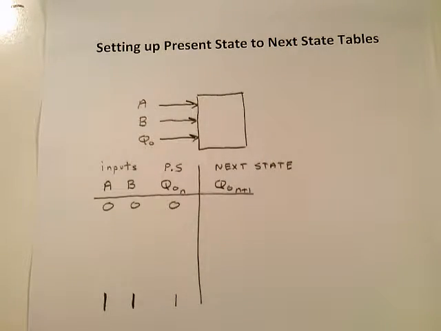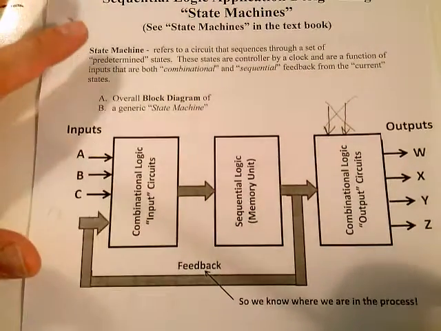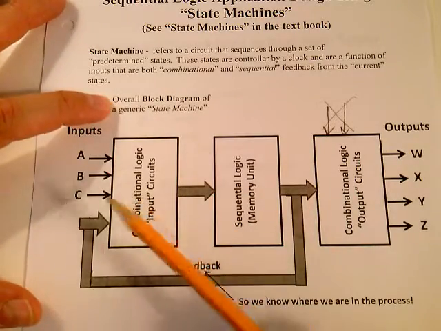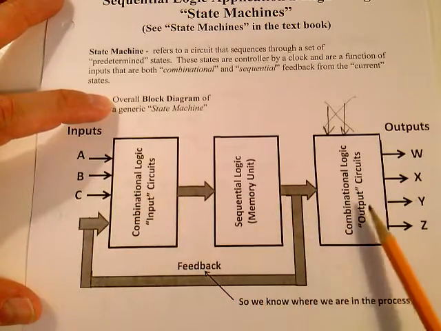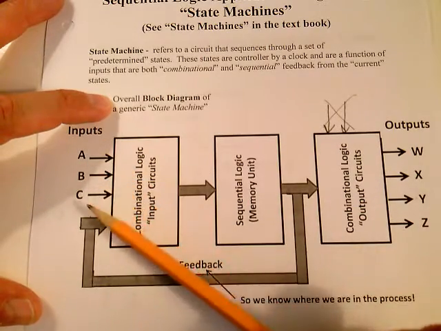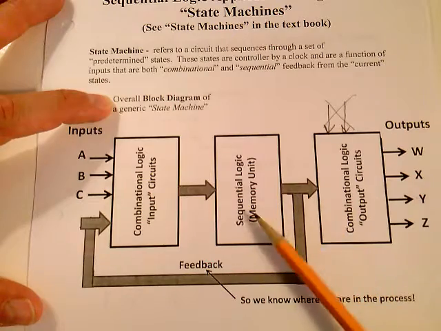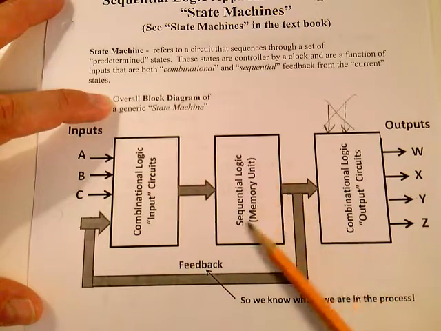Do you remember when I told you on page 218, when you're designing state machines, and I said this was important back then, that if you take a look here at your block diagram, you're going to have some external inputs that control the circuit, and you're going to have feedback coming from your sequential logic, which is your flip-flops.